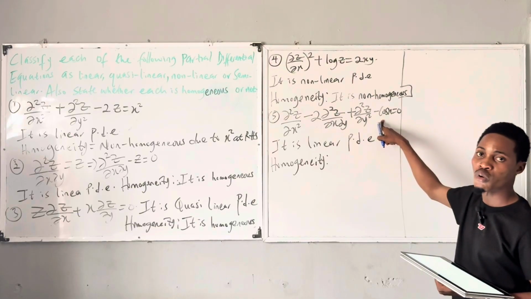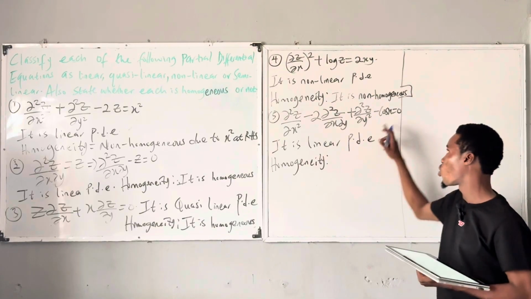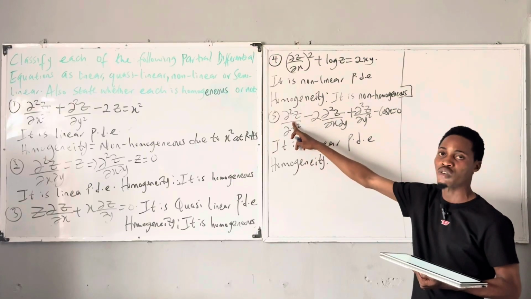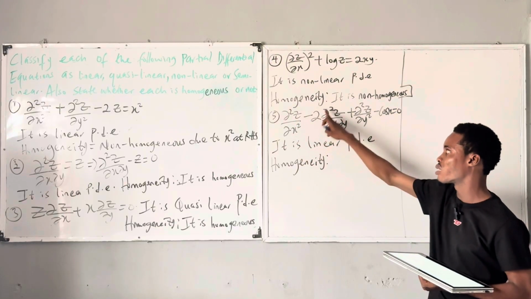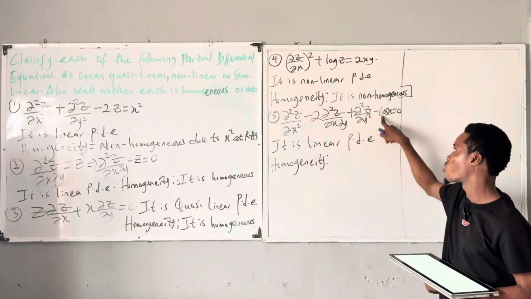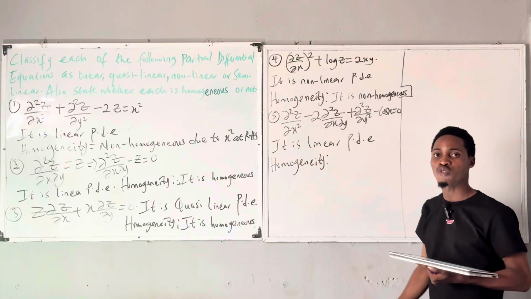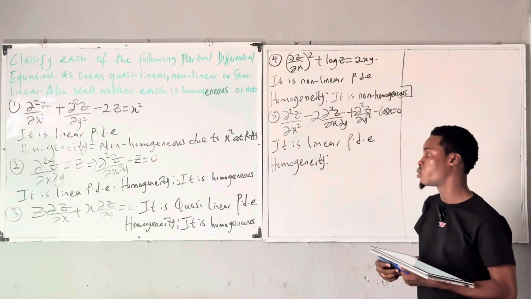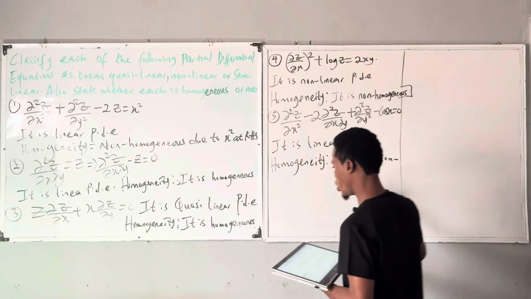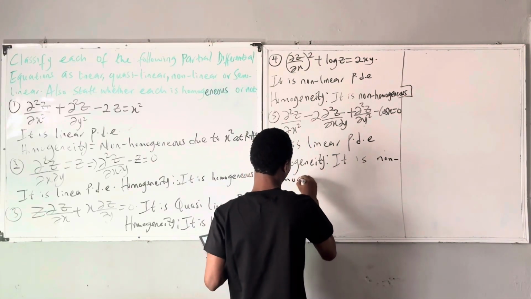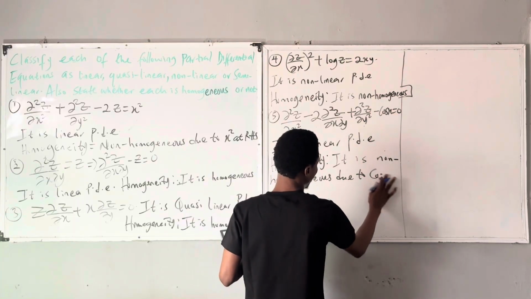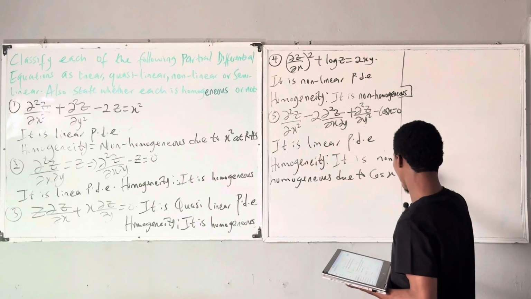So that makes it non-homogeneous due to cos x. Because if you put z equal to 0, it will be 0 minus 0, 2 times 0, 0 minus 0 plus 0, minus cos x. So it will be minus cos x is equal to 0. That is non-homogeneous, due to the cos x term.